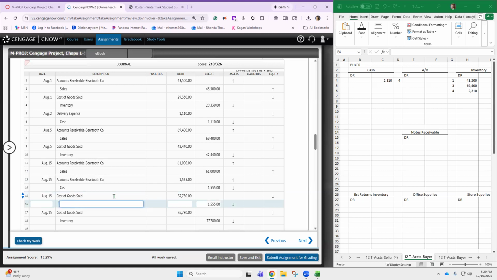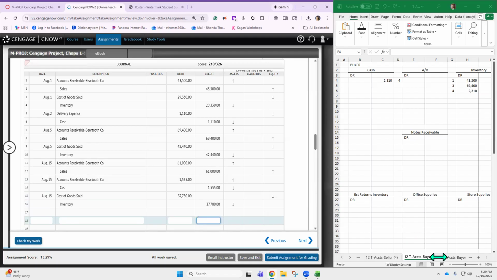Okay, and then we want inventory, and then I'm just gonna delete what I see in 17 and 18. So we don't want this in line 17 and line 18, because that's gonna be something else. Now we need to go to the buyer's point of view, right?